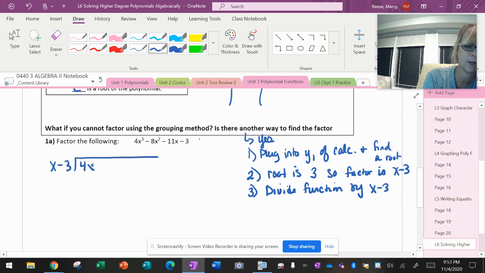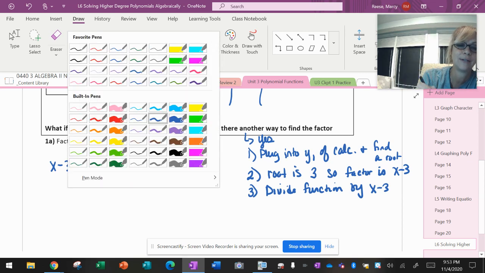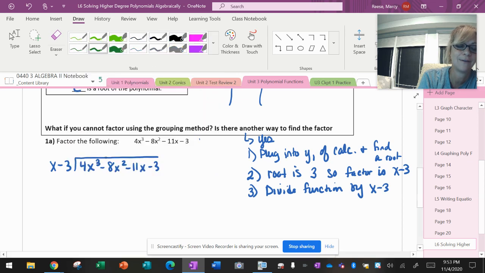That's what factoring does, right? It breaks apart the problem. Okay? And I'm going to do that by long division. Remember that? The good old days of a unit ago where I taught you long division?